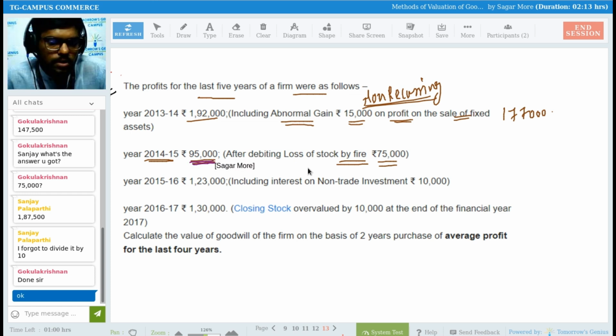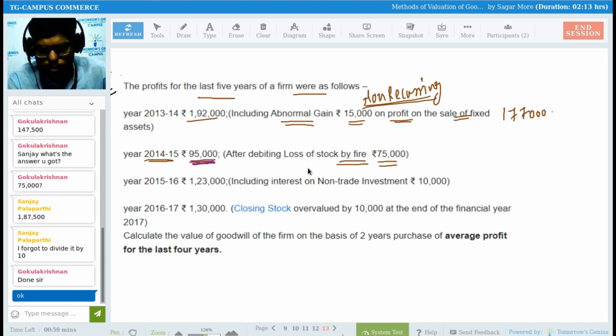Sir, that was not correct. You subtracted 75,000, yes or no? When you prepare trading and profit and loss account, you recorded 75,000 on the debit side. It means you subtracted 75,000 rupees of expenses. Actually, that 75,000 rupees of expenses is not correct for valuation of goodwill, right? So what do I need to do? Add it.